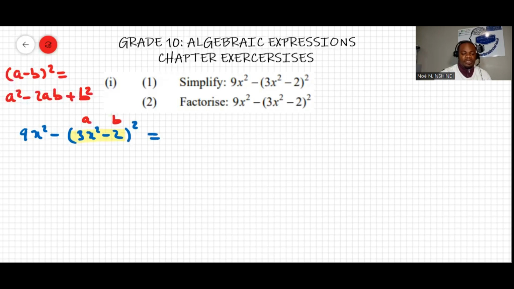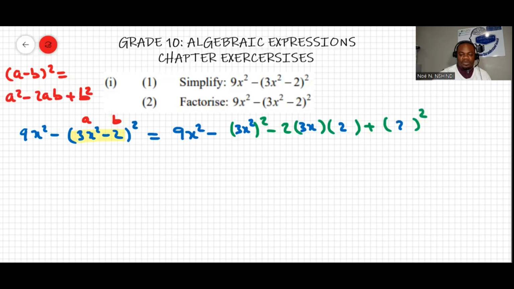Then this will be equal to 9x squared minus, I prefer to write like this, I leave space for a squared minus 2ab, okay, and then plus b squared. Now I can sub in, my a is 3x squared, so 3x squared minus 2 times 3x, b is 2, okay, not negative 2 by 2, and then b squared is going to be like 2 squared.